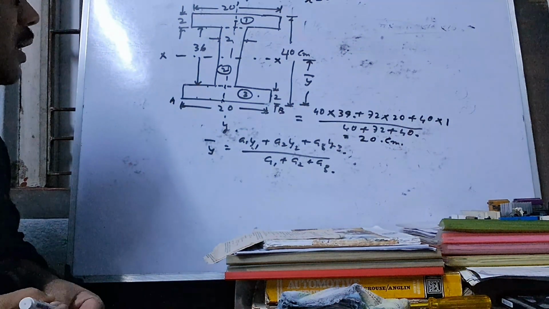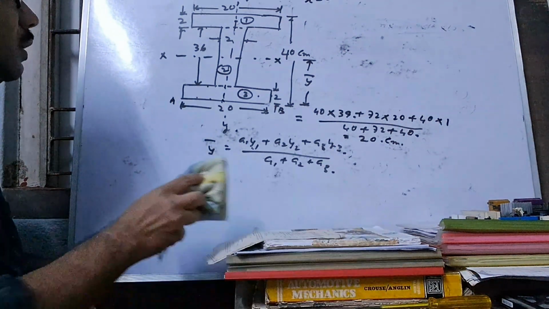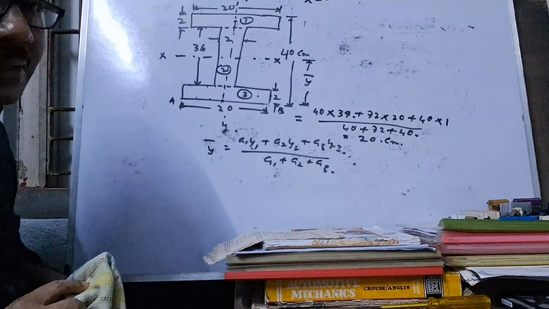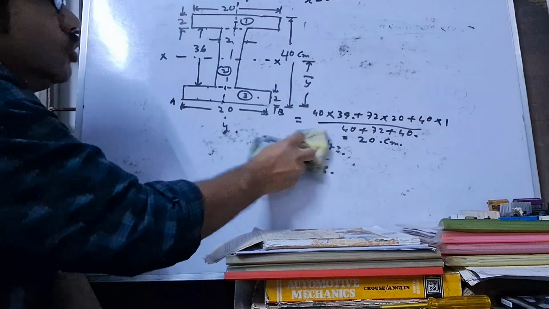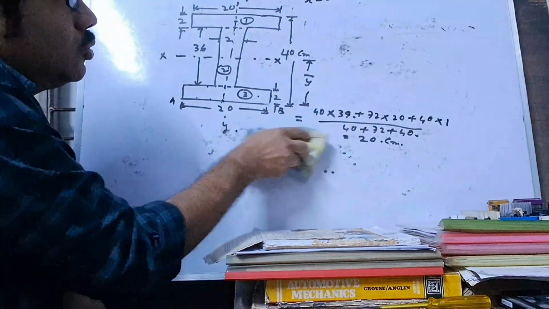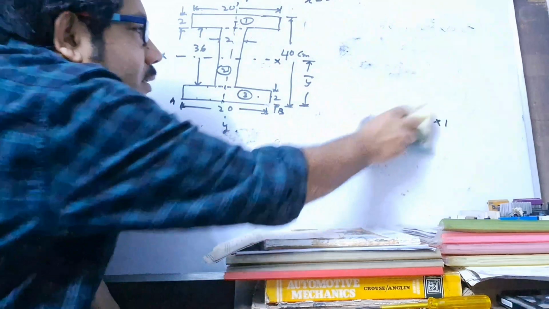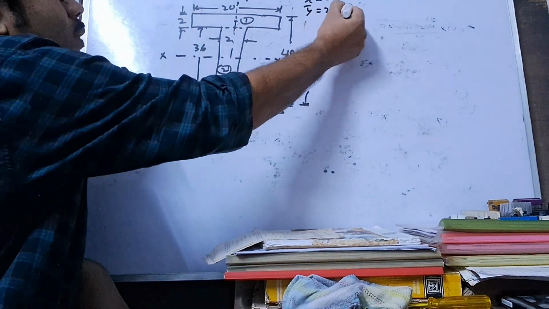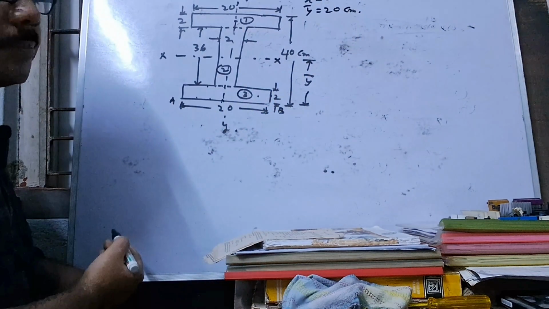Now you have to calculate IXX1, IXX2 and IXX3. So y bar is equal to 20 centimeter. Remind, y bar equal to 20 centimeter.